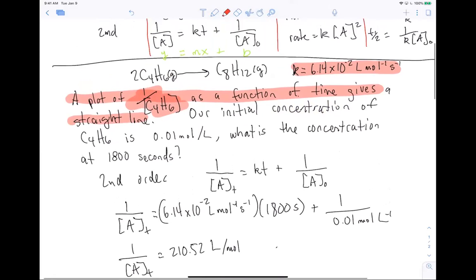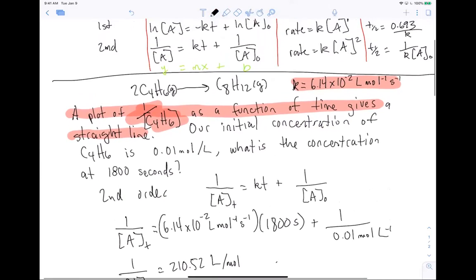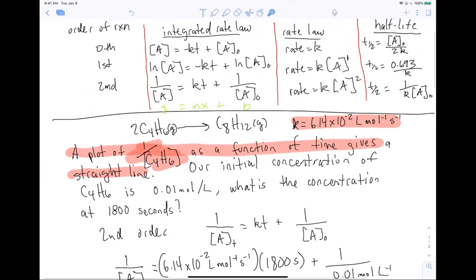When you're dealing with things where you're relating concentrations and time, typically what you're doing is looking at the different integrated rate laws and seeing which one fits the data. So if you're told that the plot of 1 over the concentration of C4H6 as a function of time gives a straight line, that means that it follows this form.